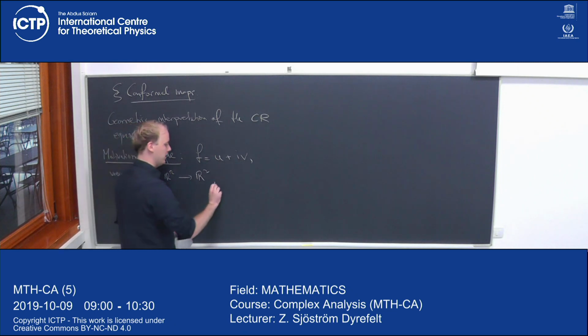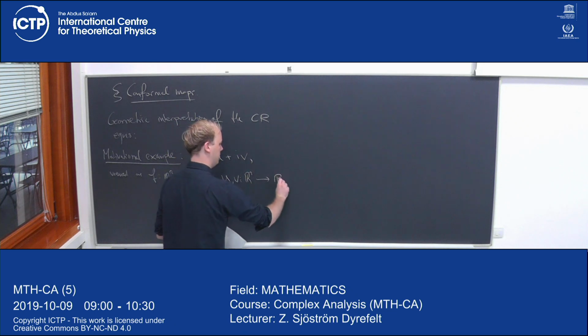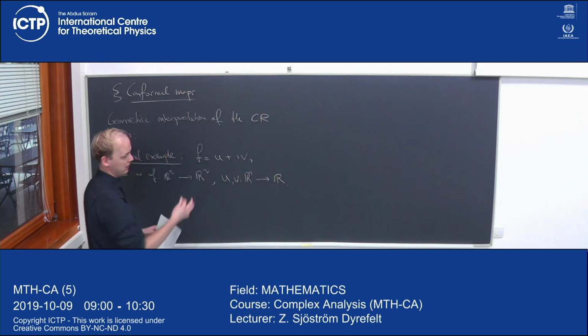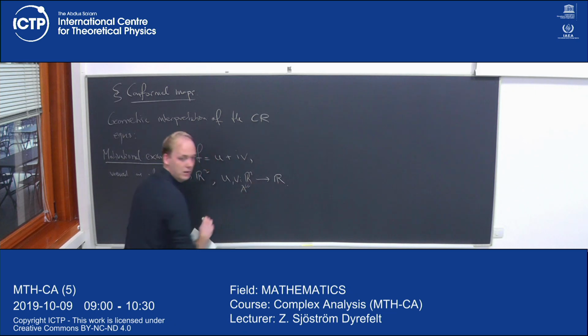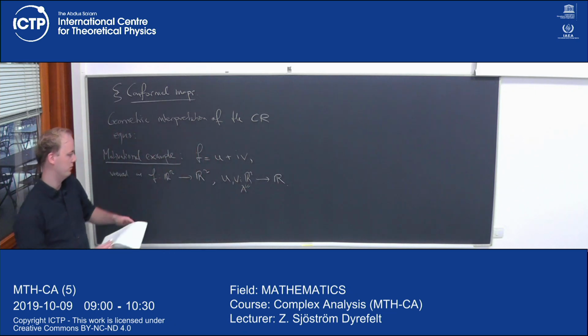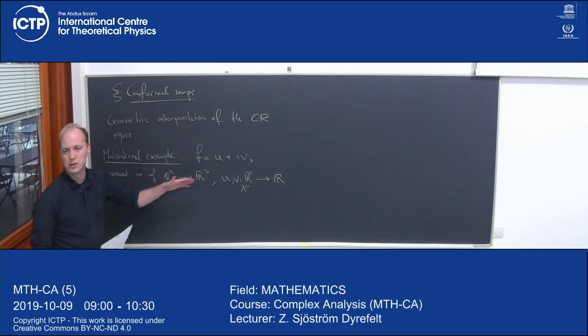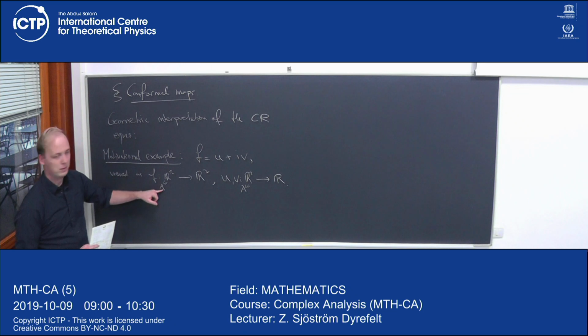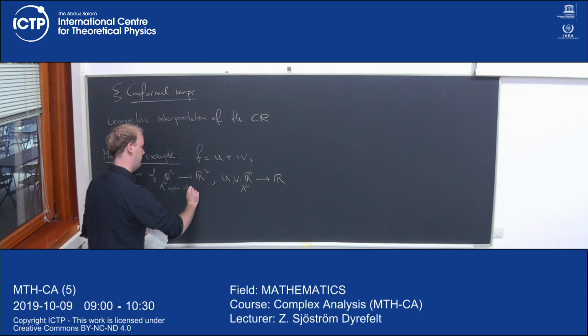So this means that u and v are functions from a subset of R2 into R, and f is a function from the same subset of R2 into R2. And these are open subsets.